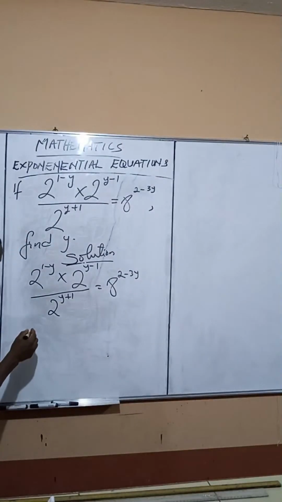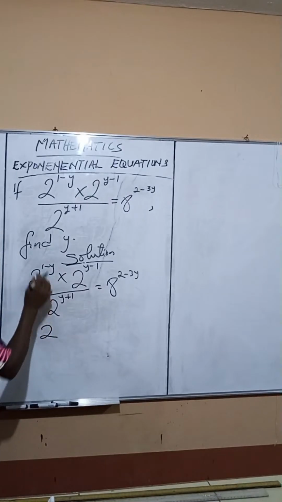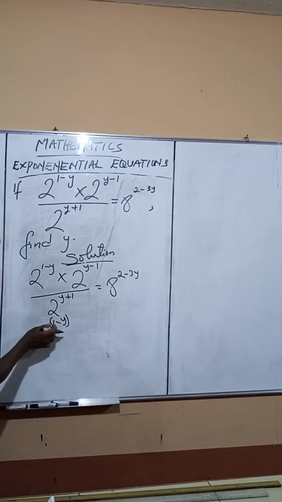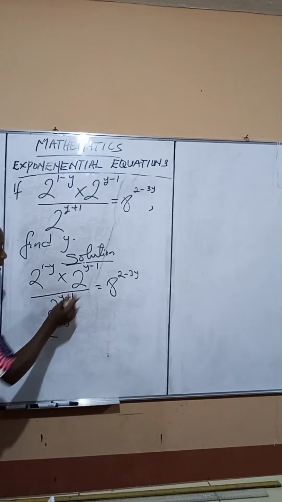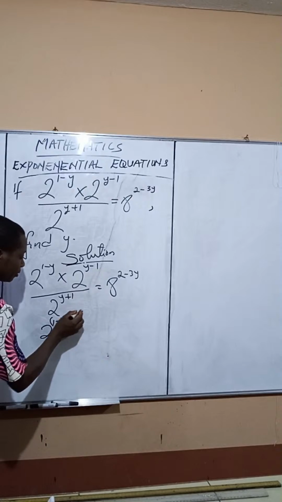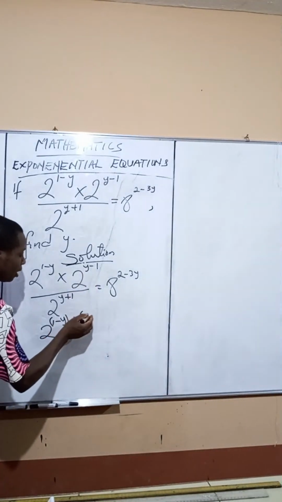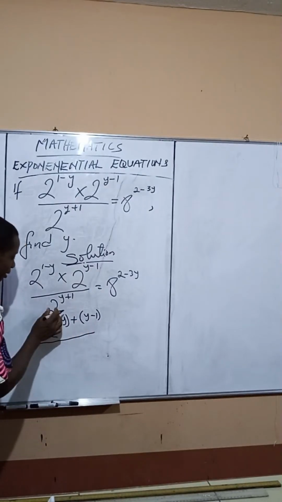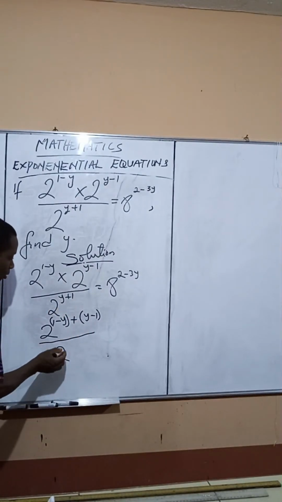So at the numerator, we have 2 raised to power 1 minus y plus y minus 1, divided by 2 raised to power y plus 1.